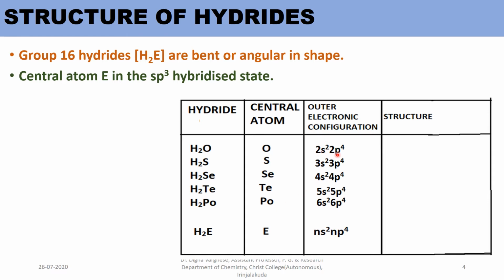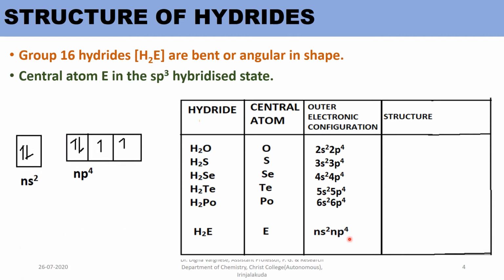The outer electronic configuration of oxygen is 2s2 2p4, for sulfur 3s2 3p4, for selenium 4s2 4p4, for tellurium 5s2 5p4, and for polonium 6s2 6p4. The general outer electronic configuration is ns2 np4.